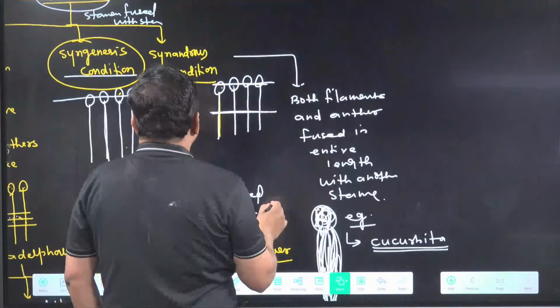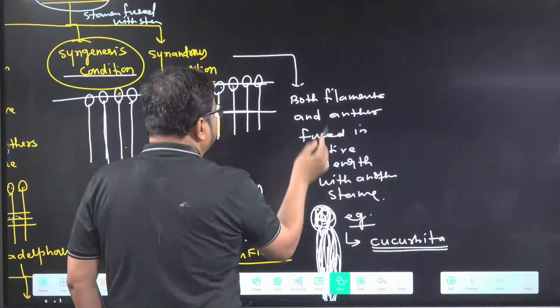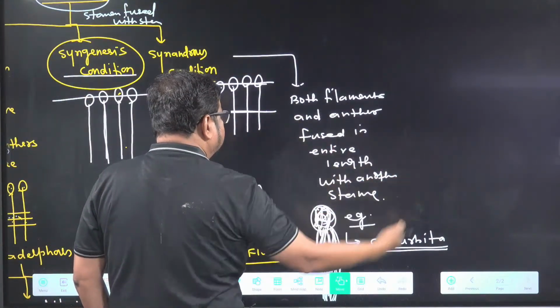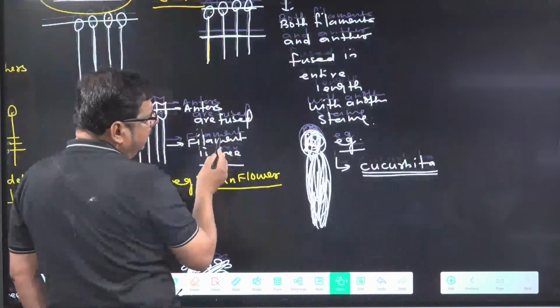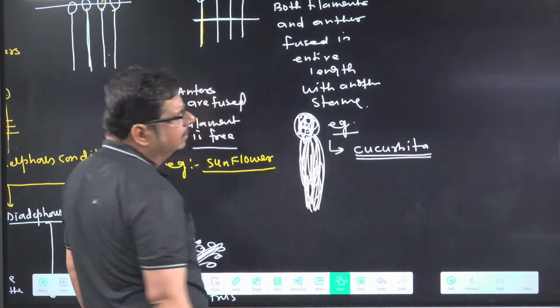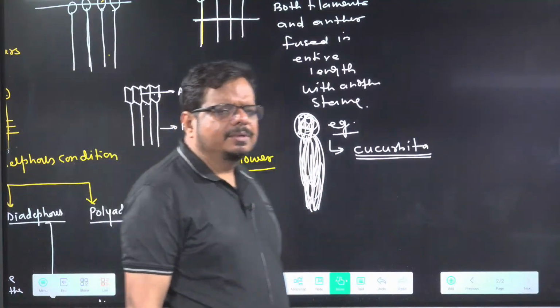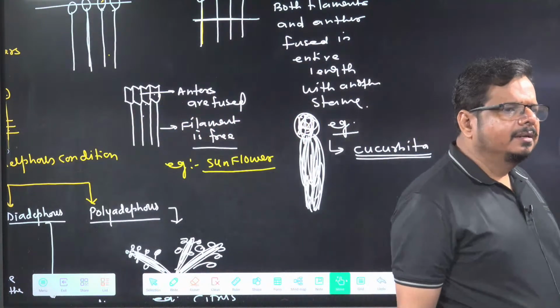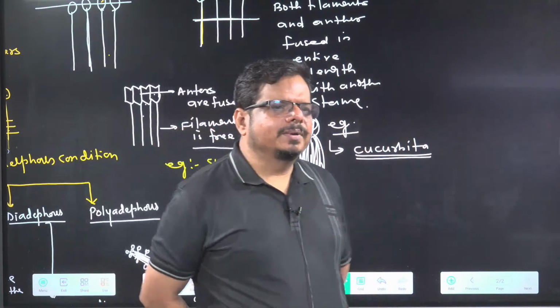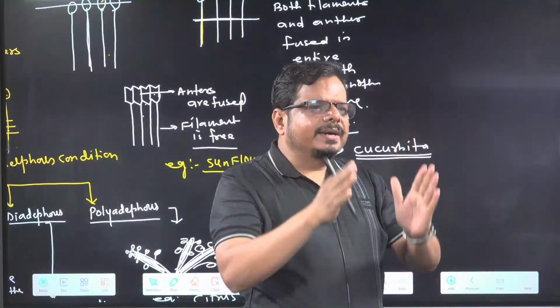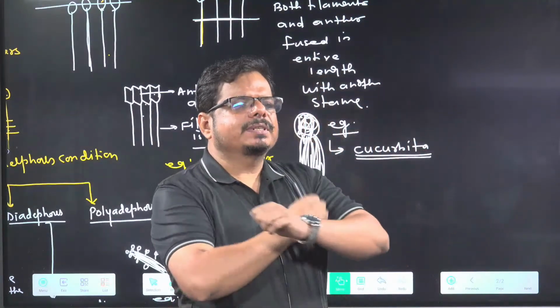And when anther and filament both fuse in entire length with another stamen, it is called synandrous condition. An example is which one? Cucurbita, family Cucurbitaceae. Able to understand or not? Clarity came in the mind. So cohesion is over. All the different ways of fusion of a stamen we have seen.